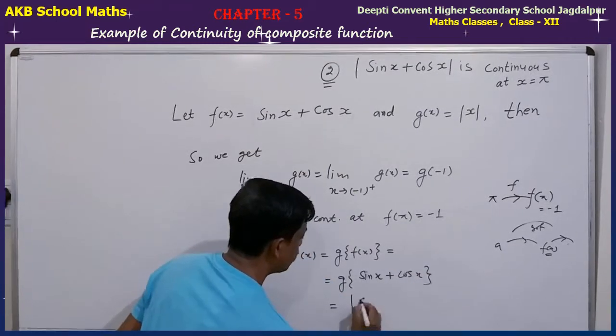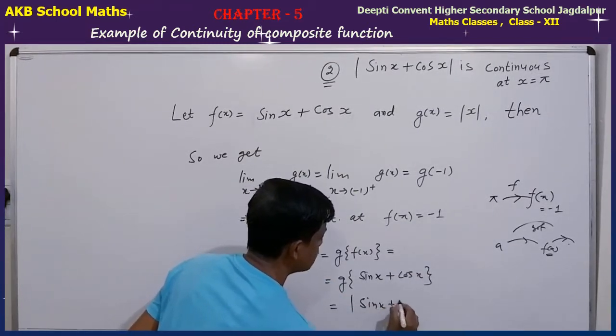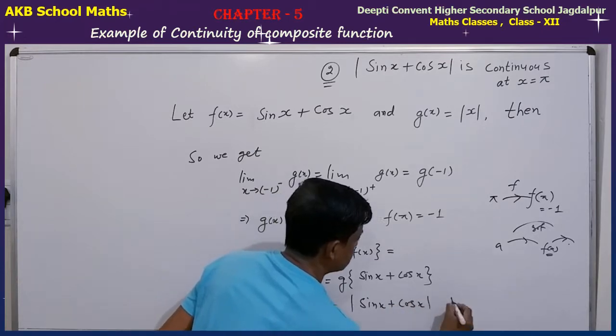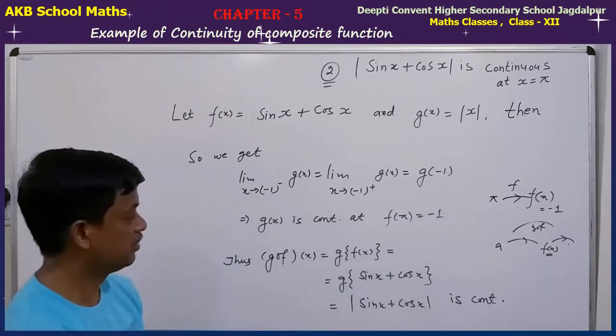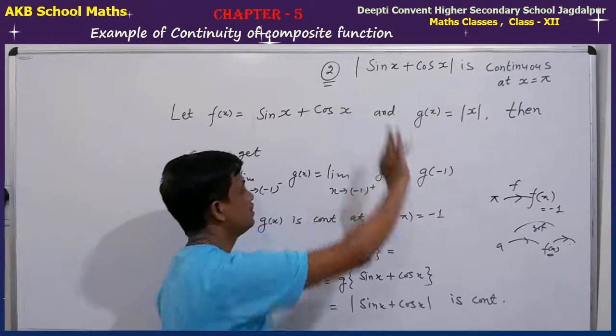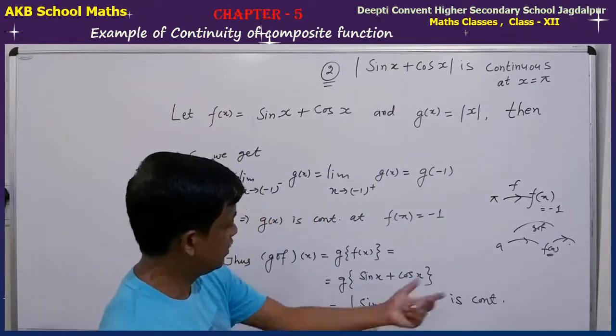That is, mod of sin x plus cos x is continuous. Okay. So our result is obtained like this.